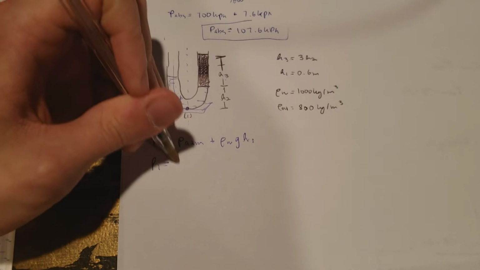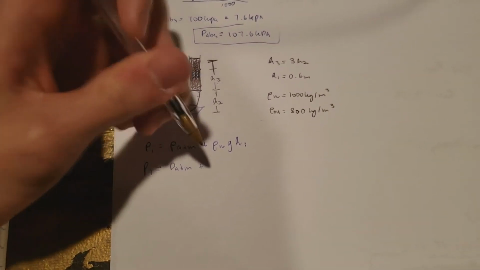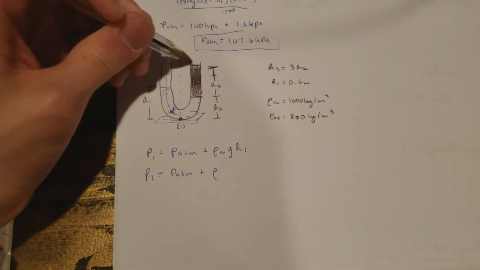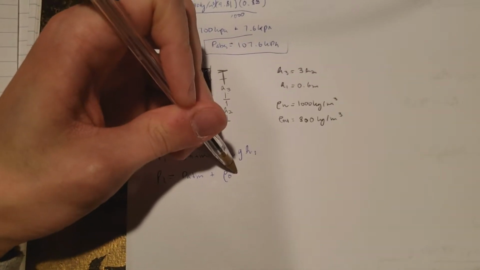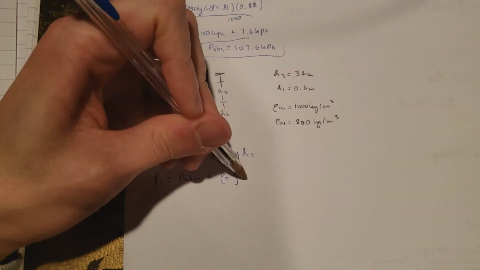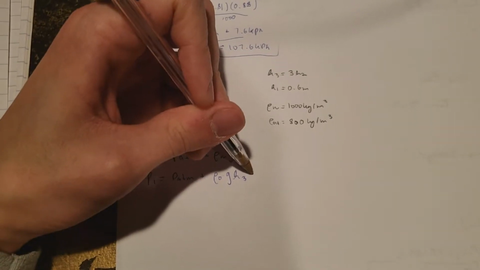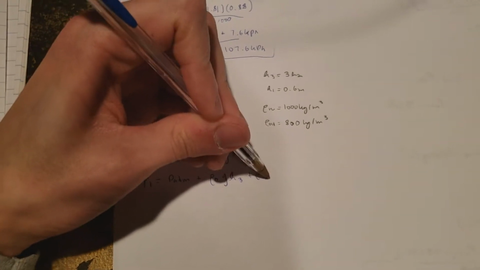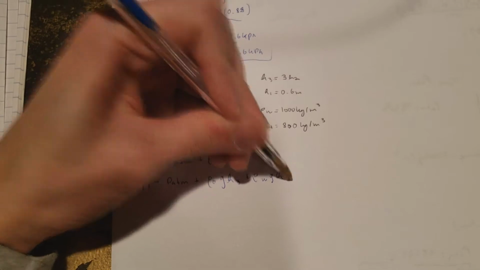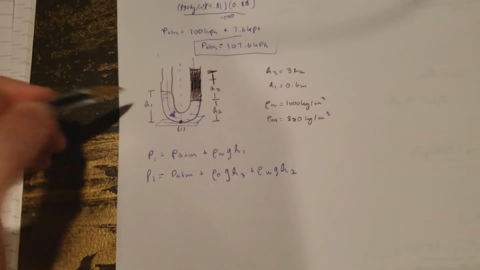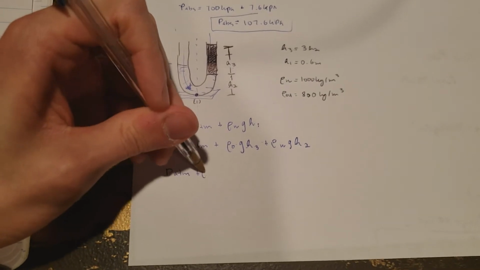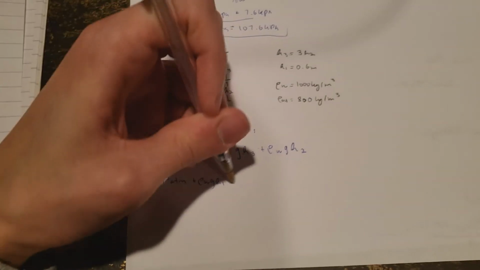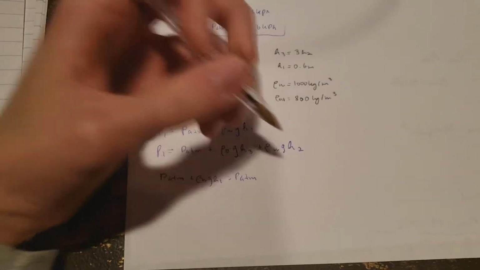Pressure 1 is also equal to atmospheric pressure, and then as we go down, it's going to be equal to our density of oil, gravity, our third height, plus our second height and the density of water. So if we put those in together, what do we get?